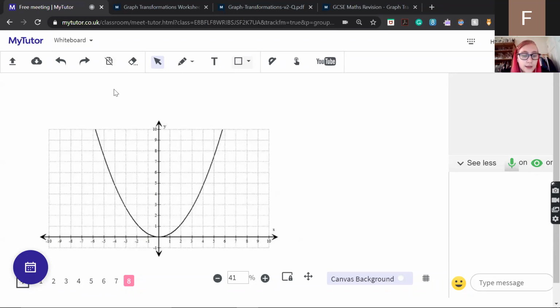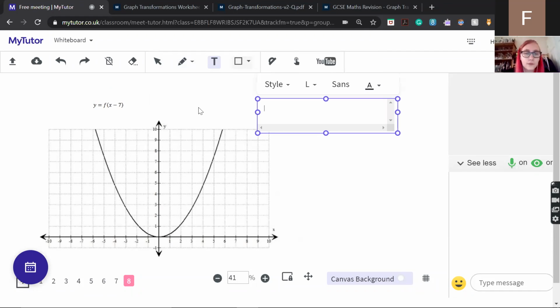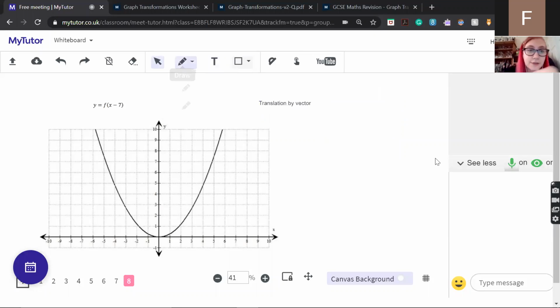So the way that we do this is that, so this is y equals f of x. Let's think about what happens to it and just draw that. And we're going to think about key points. So using what we had before, and I'm going to do this quickly because I'm coming to the end, what this means is a translation by vector, and it's going to be 7 units right, so 7 in the x direction.